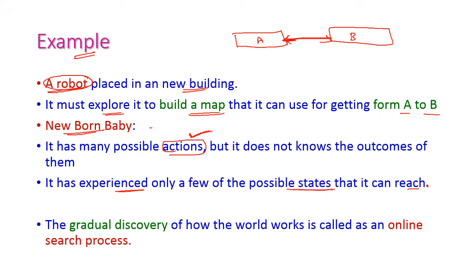That is, by applying actions on the environment and continuously doing the same, it learns that environment. And this gradual discovery of how the world is, is called the online search process. So the online search process happens only by gradual discovery, or by using experience, that the environment will be known by the robot.